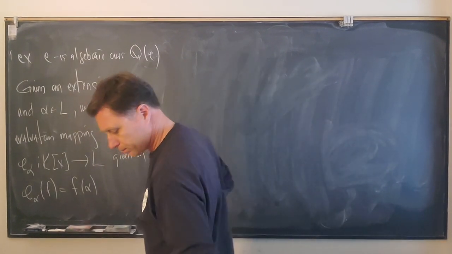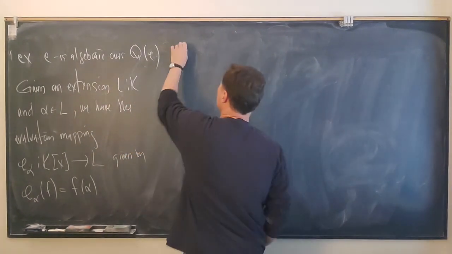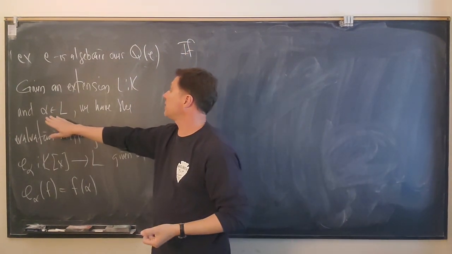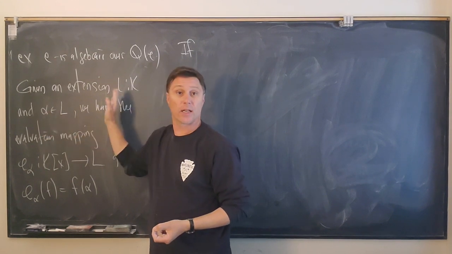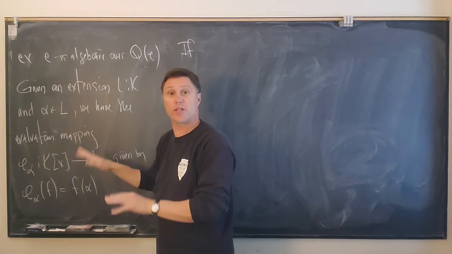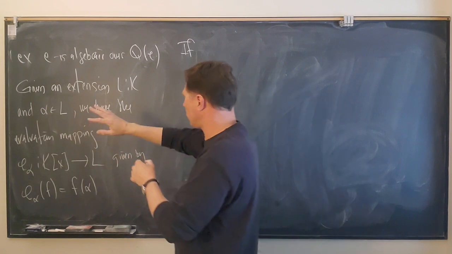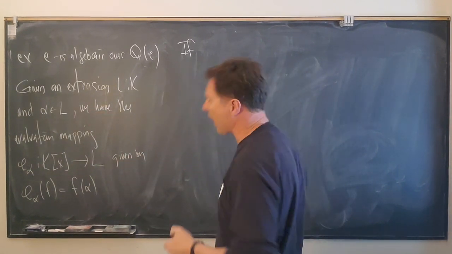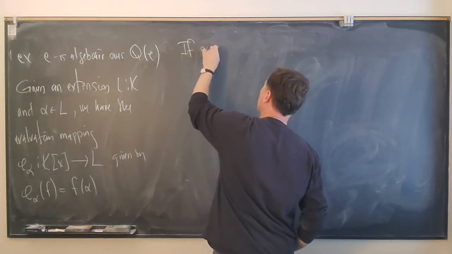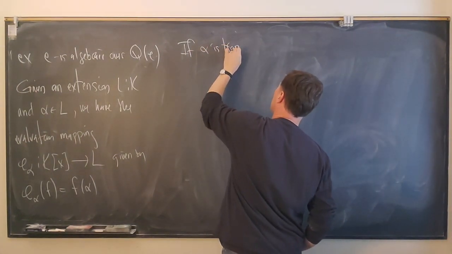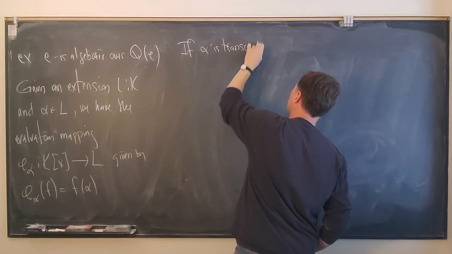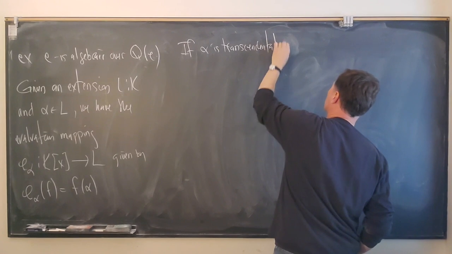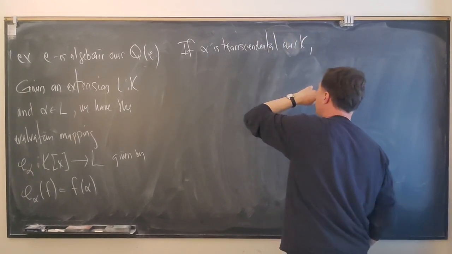Now, there's two possibilities. Alpha is either algebraic or transcendental over K. And those two possibilities give rise to two totally different situations. So if alpha is transcendental over K, what does that mean?